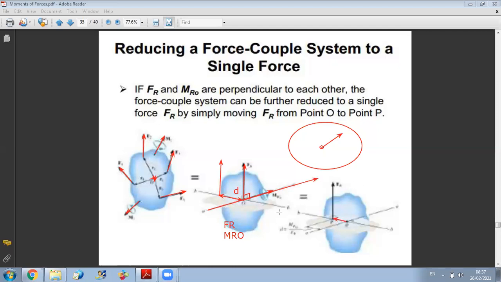Because if you do the right-hand rule, you know that your purpose is to produce the same resulting moment about O. If you move it backward and do the right-hand rule, your thumb will point in the direction of M resultant about O. But if you move it in the opposite direction, to the front, then your thumb will be directed in the opposite direction of MRO.